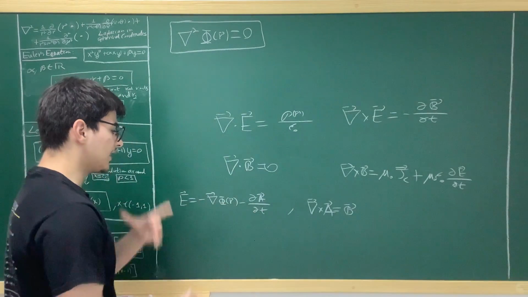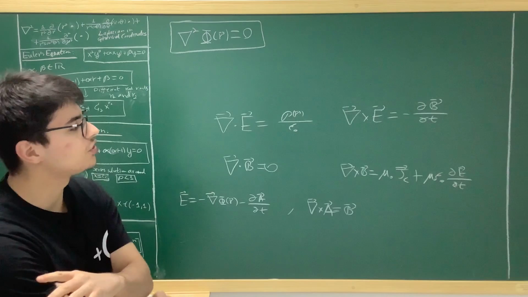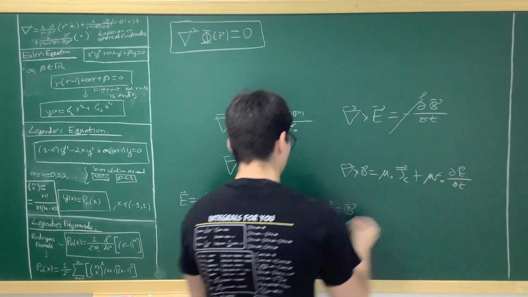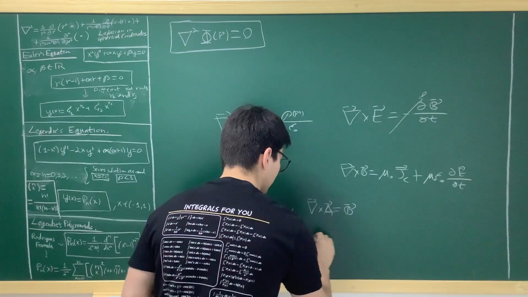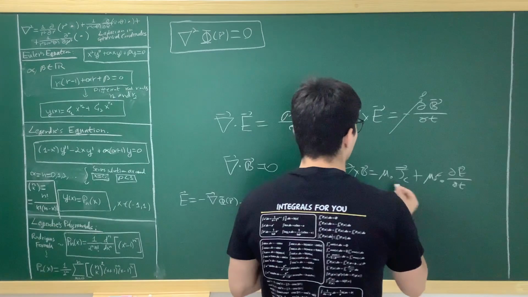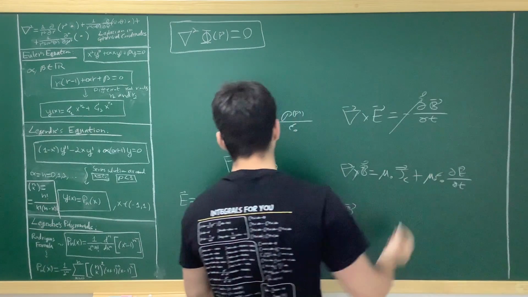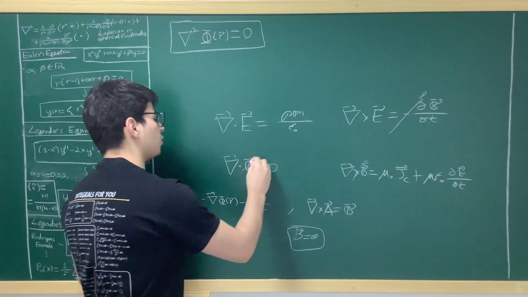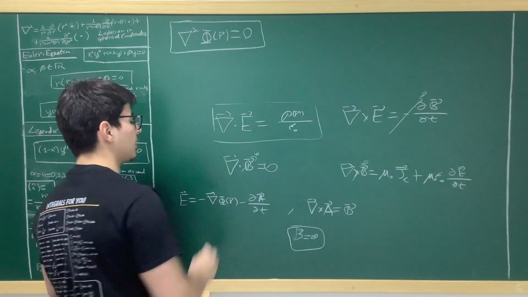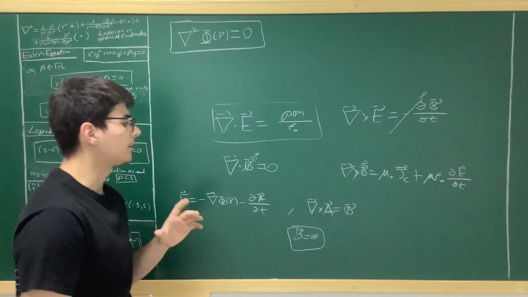Just real quick, in our case we are considering that there's no magnetic field, so this goes to 0 because we're assuming that B is 0. So we really do not care about this, so this also goes to 0. We really just care about this part right here.